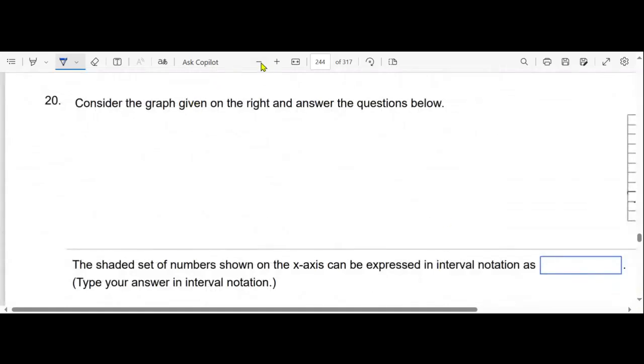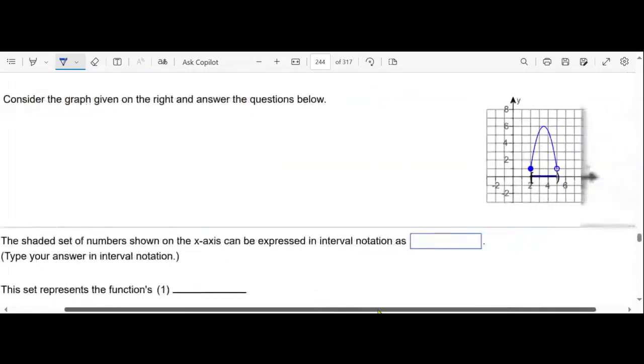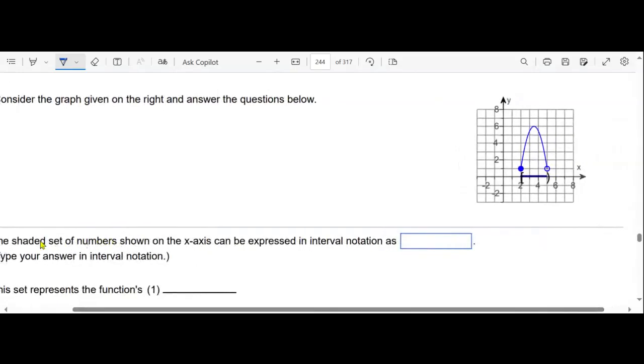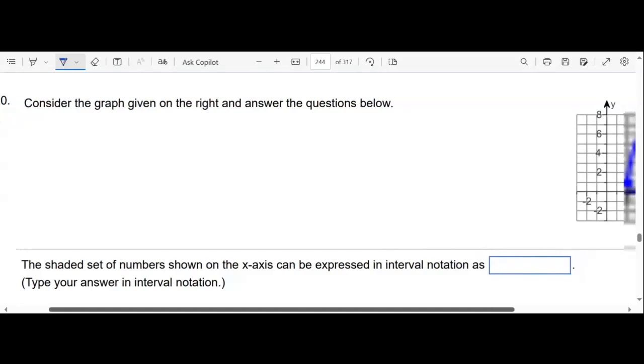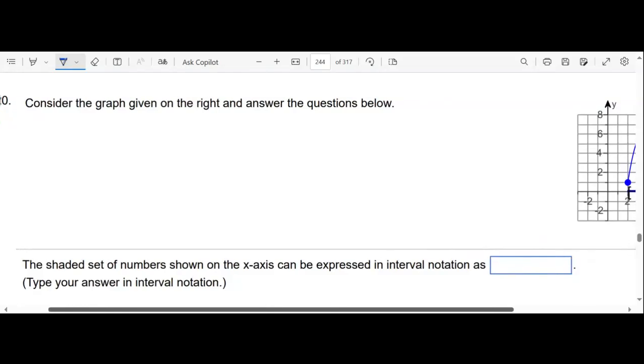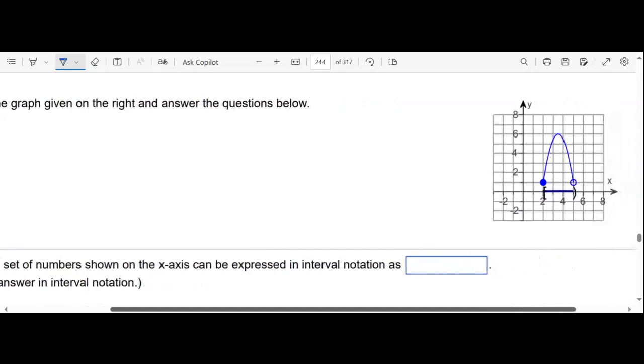Okay, I need someone to read. It says, use the graph given on the right to answer the question. You have the graph on the right side. Tell me what's written here. The shaded set of numbers shown on the x-axis can be expressed in interval notation as... What is the x-axis?